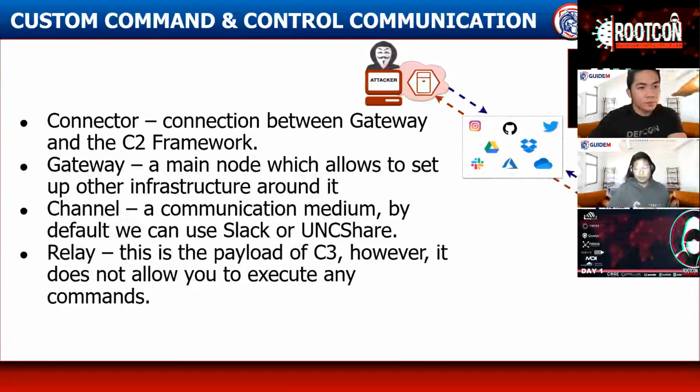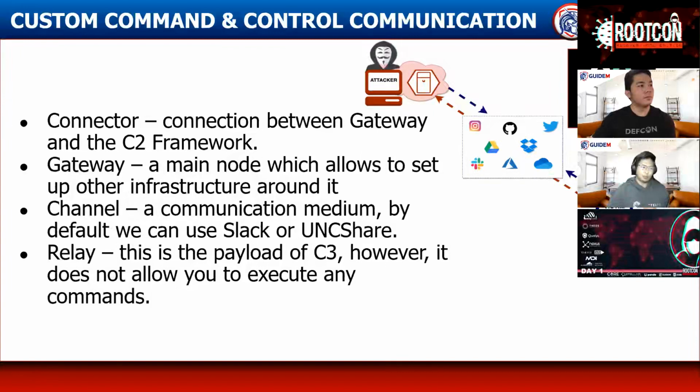So the components are here. We have a connector. The connector is the connection between the gateway and the C2 framework. These components of C3 will be much clearer in the demonstration later. We also have the channel, which is a communication medium.